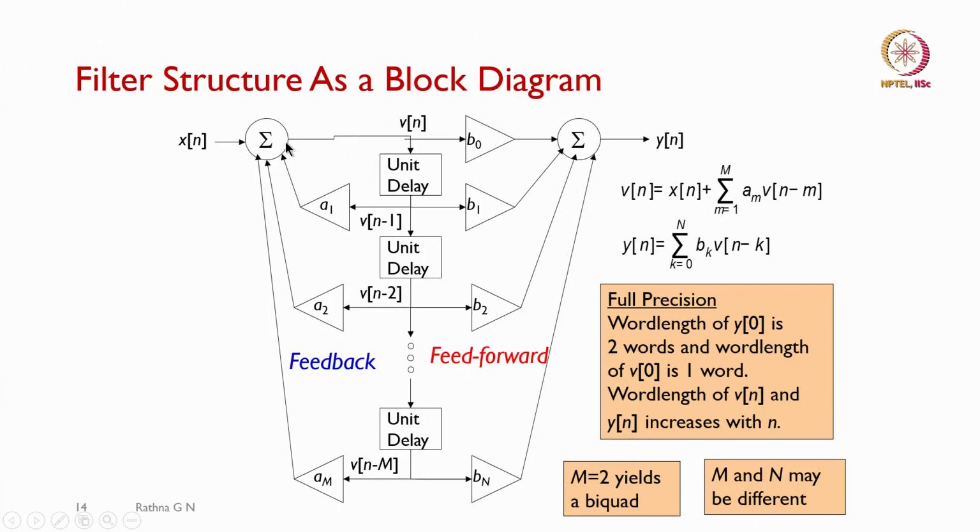x of n is going to be multiplied with the all pole IIR filter feedback basically, that is the feedback structure.